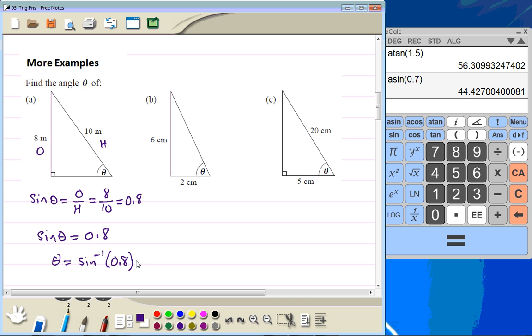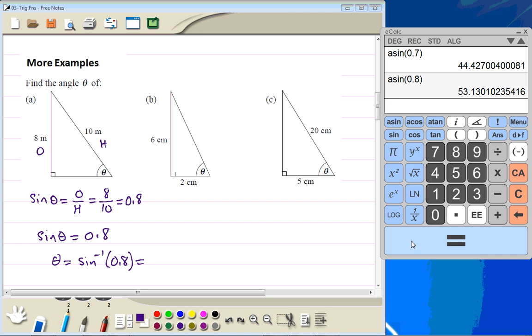On this calculator, we can press a sine 0.8, close bracket, equal. So we get the answer 53.1 degrees.